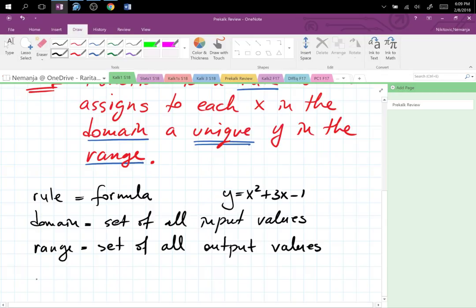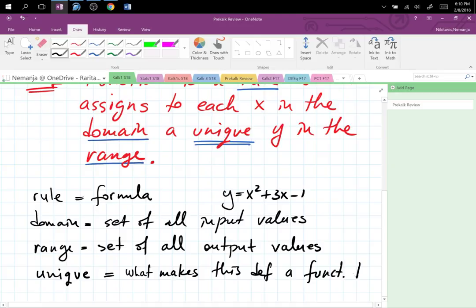And then the word unique, which is actually what makes this definition a function definition. The word unique can be taken out.